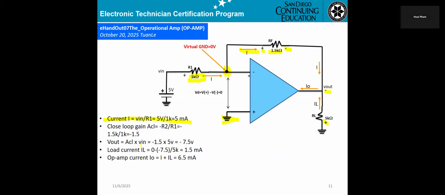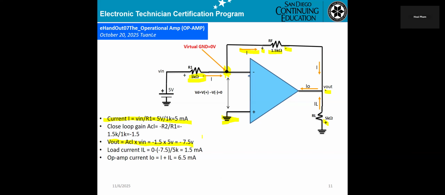And then you calculate the V out. V out equals voltage gain times V in.